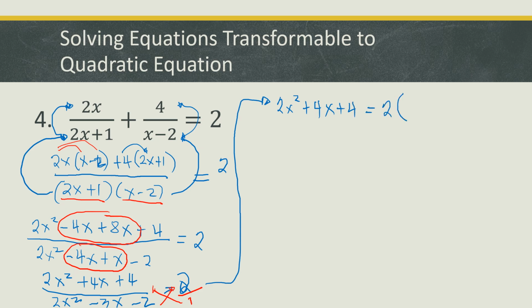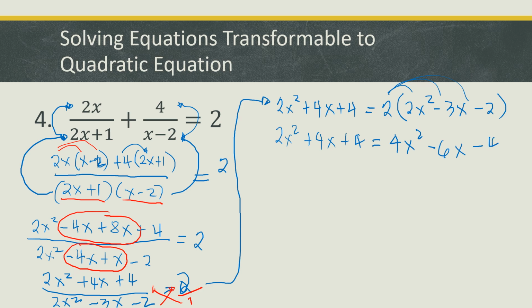to the denominator, 2x squared minus 3x minus 2. Simplify, 2x squared plus 4x plus 4 is equal to, using the distributive property again, we have 4x squared minus 6x minus 4 and equate it to 0 by transposing these terms to the other side.